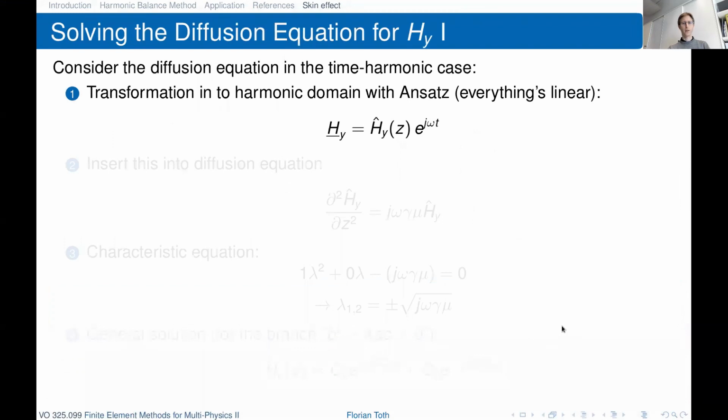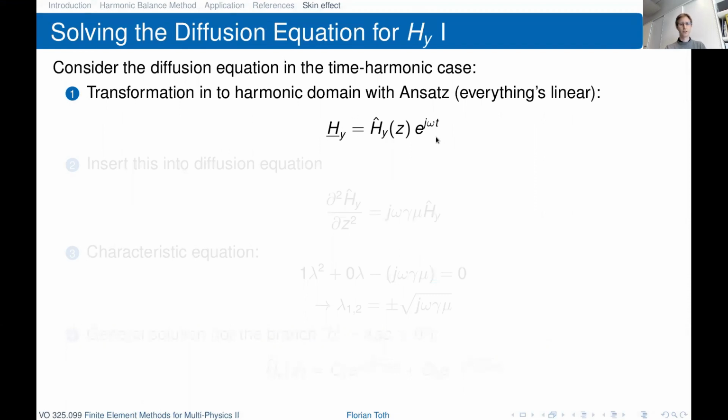And of course, you can obtain a solution for this diffusion equation. I'll just highlight briefly here how to derive this solution. So first we'll do a harmonic ansatz. This is a linear equation, so we can do this.